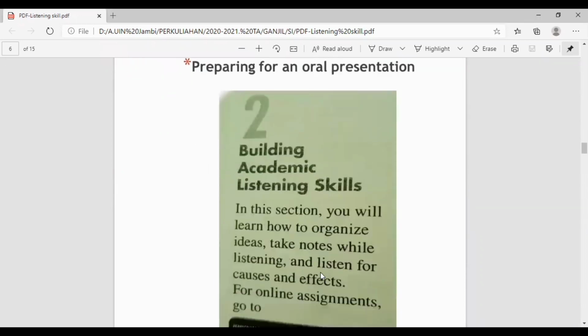In this section, you will learn how to organize ideas and take notes while listening. This is a very important skill to practice, guys. Take notes while listening and listen for causes and effects.